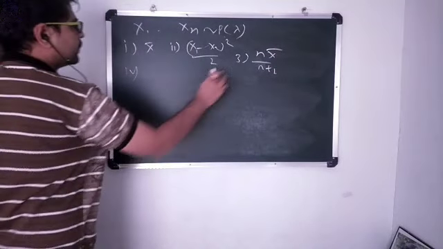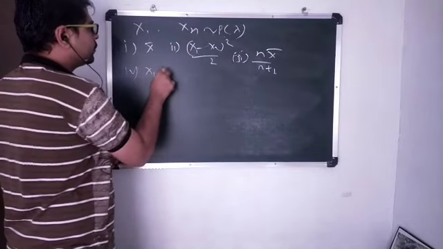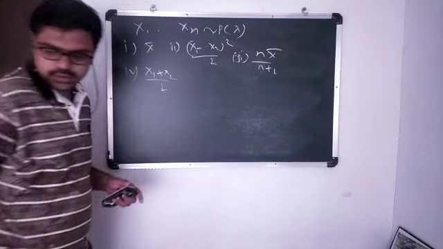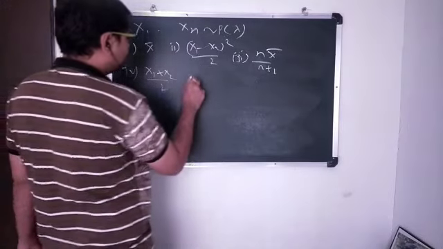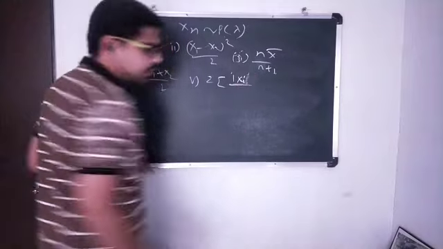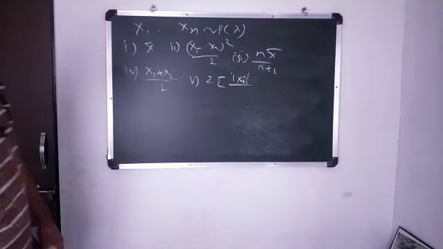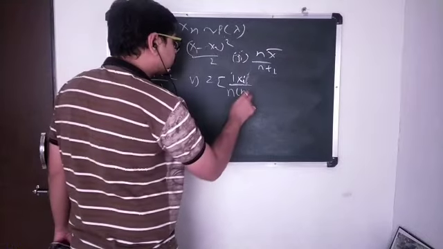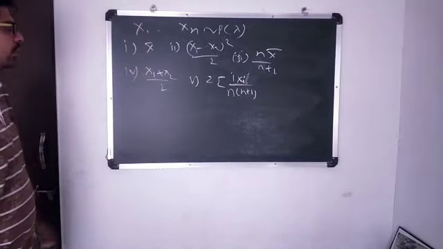The fourth estimator is (x1 plus x2) divided by 2, and the last estimator is 2 times the summation of i xi divided by n into (n plus 1). So we have to check the consistency of these estimators.